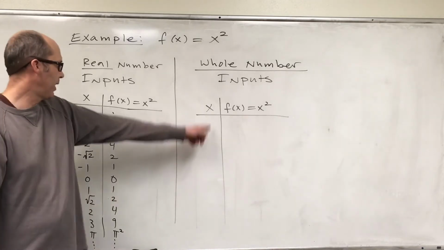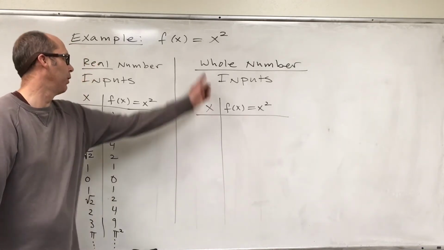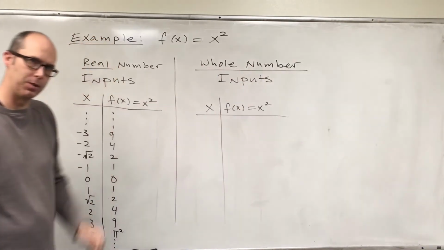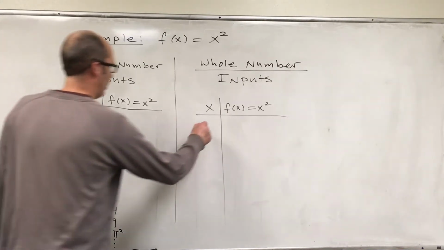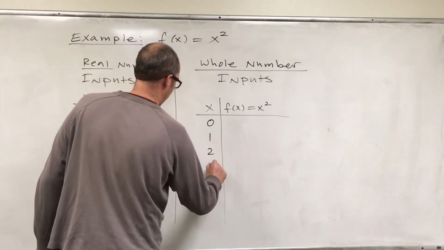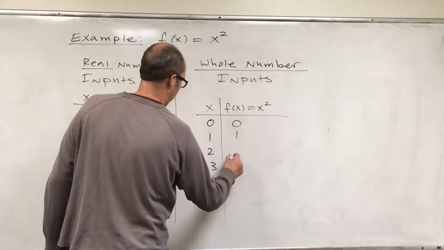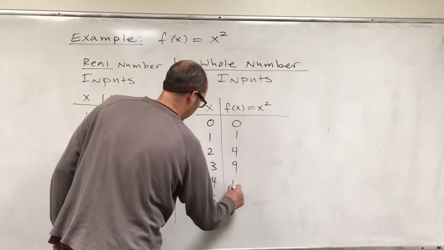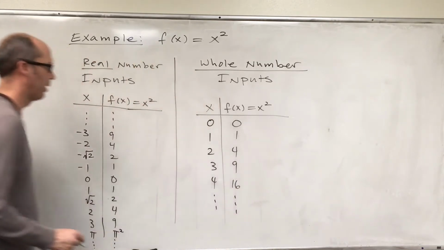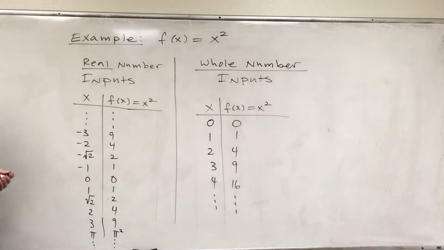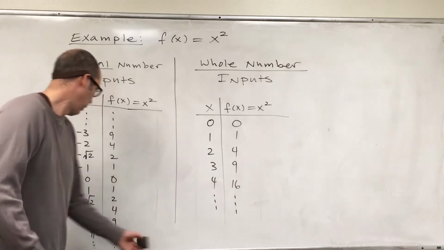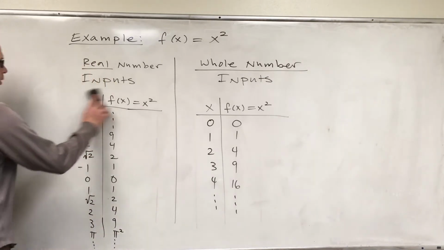Okay, putting pi in here, that doesn't make sense, because we only accept whole numbers as inputs. 0, 1, 2, 3. 0. Okay.